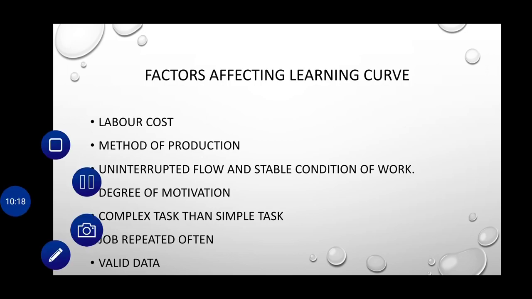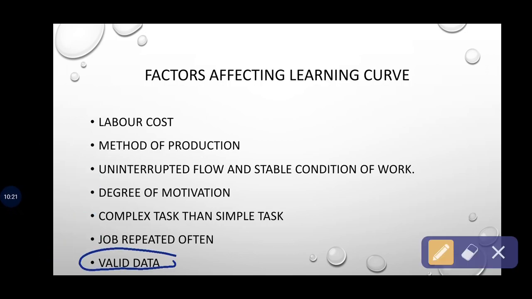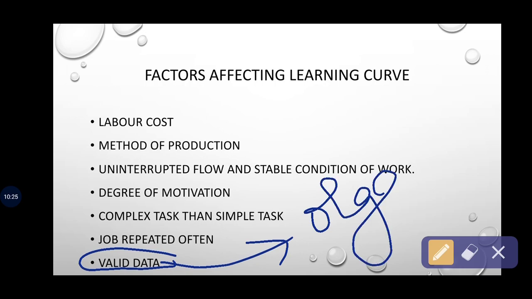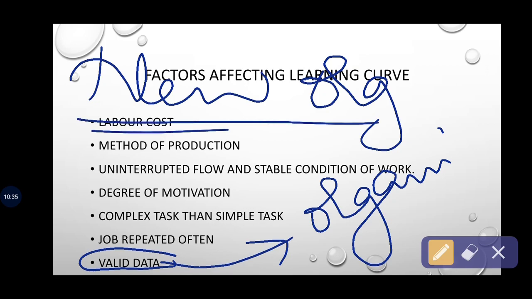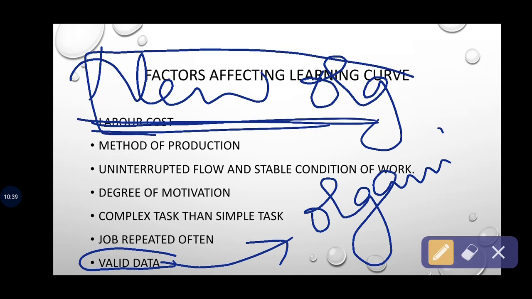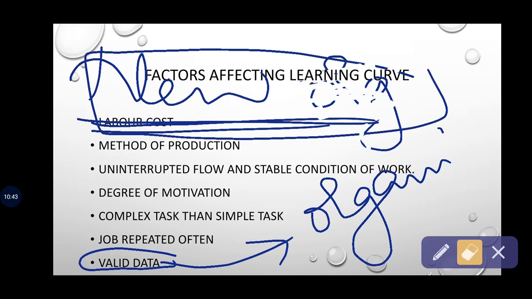Next is valid data. For example, a new software has come into the organization. Now employees have to use that specific software.